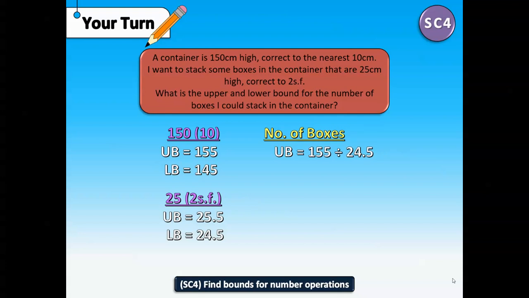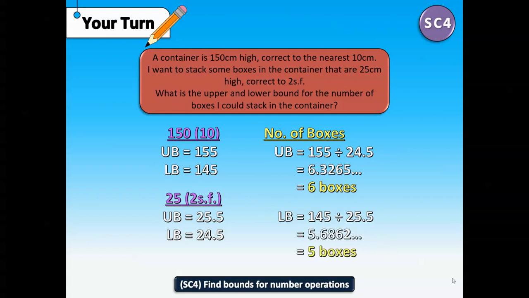So for the upper bound, we do 155 divided by 24.5. So that would be 6 boxes. And for the lower bound, we do 145 divided by 25.5. Would be 5 boxes. We found the upper and lower bound for the number of boxes I could stack in the container.